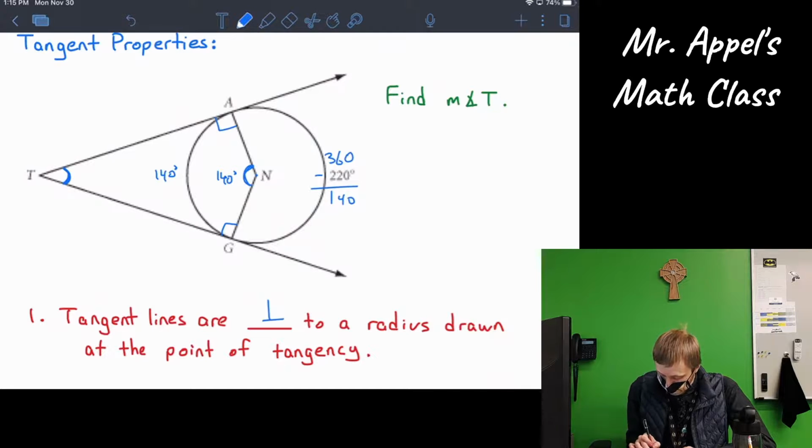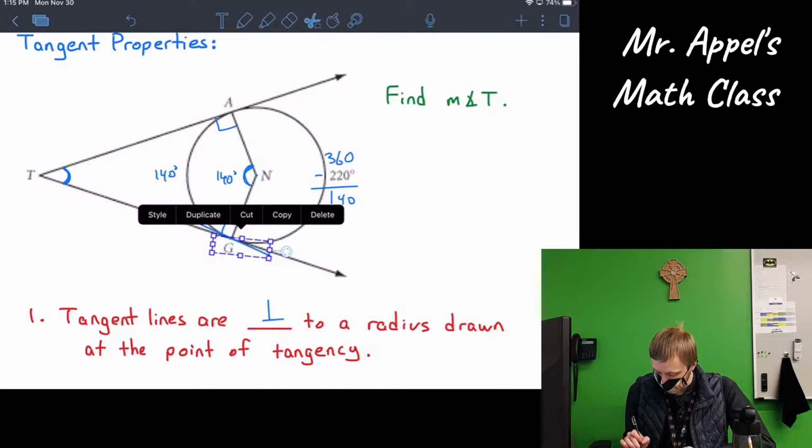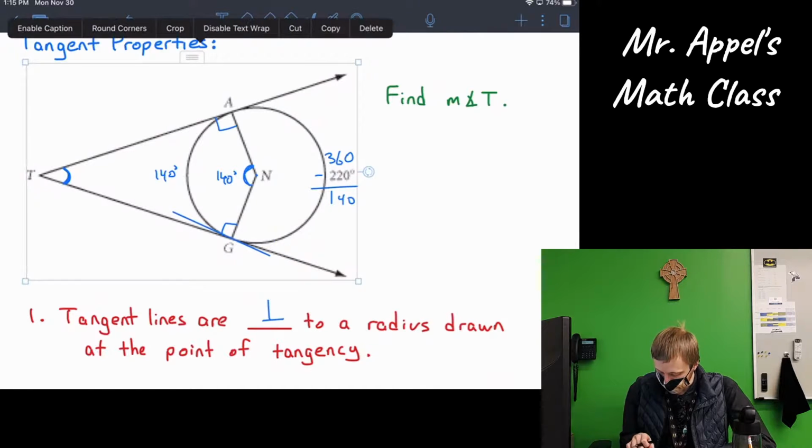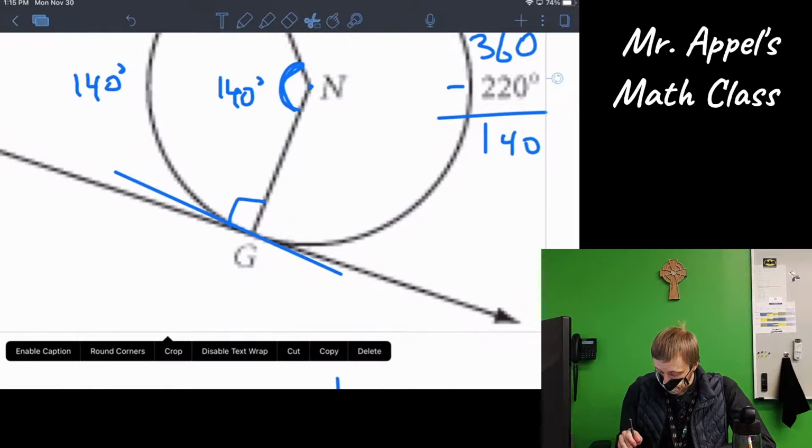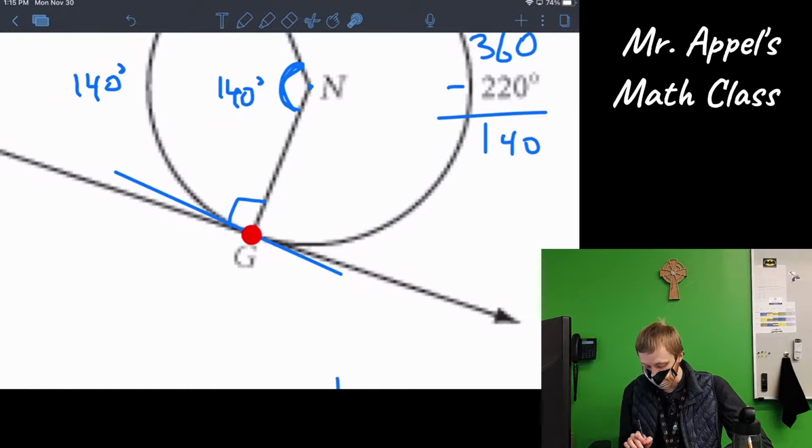Think about this. If I were to take that line and try to turn it a little bit so that that angle is less than 90, and we'll move it back so it still runs through that spot. It's now no longer only touching at that spot. It's going through the circle also up here.